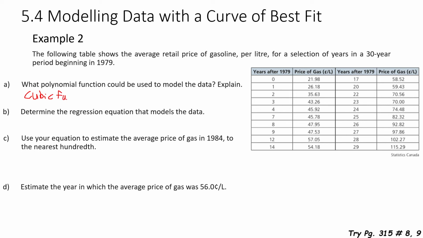And the explanation for that is that your graph has three distinct parts. It follows this kind of pathway, which is a cubic function. Also, it starts pointing down and it ends pointing up. There are a couple of different pieces of evidence that you can look at.